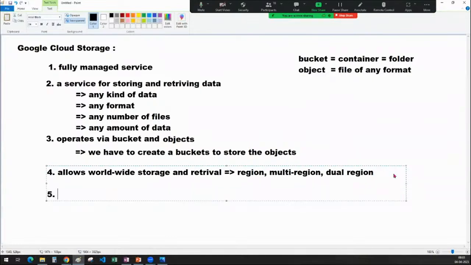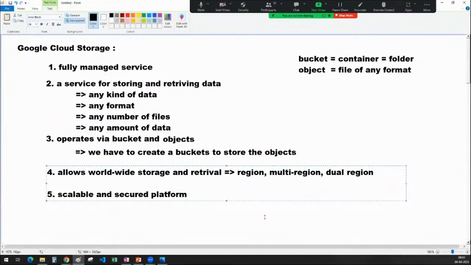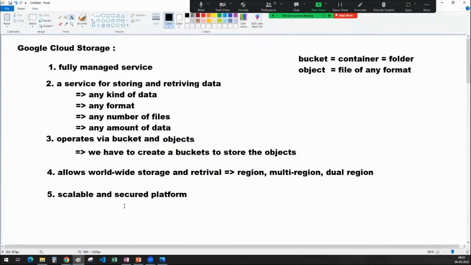The fifth point, as I told you, is a scalable and secured platform. It is one more final point, sir. We will see what is meant by a secured platform. I just want to give you an overall heads up on Google Cloud Storage. Now you got it.